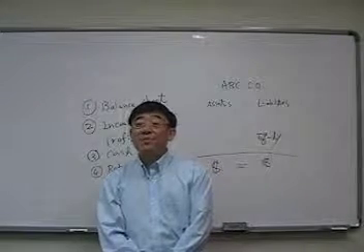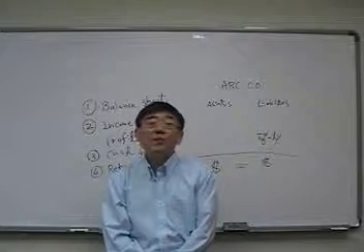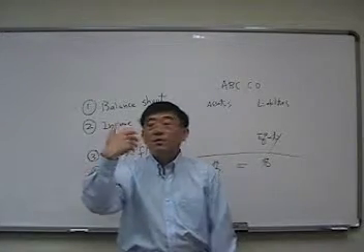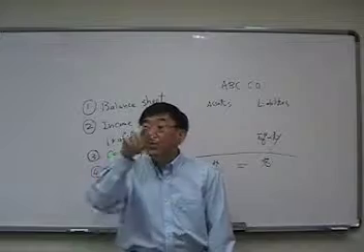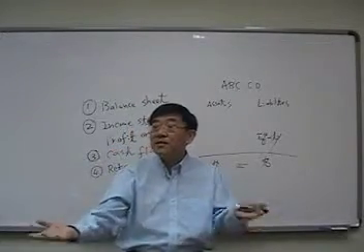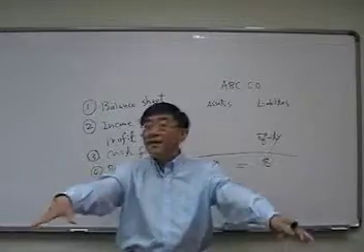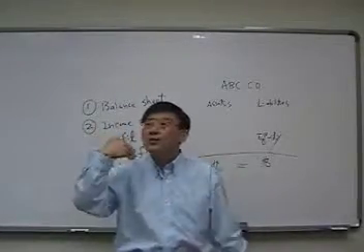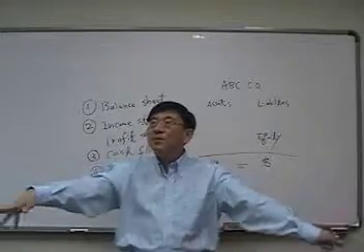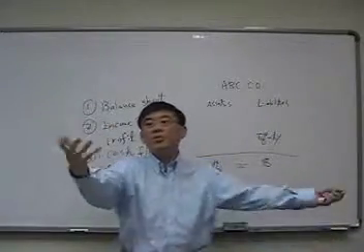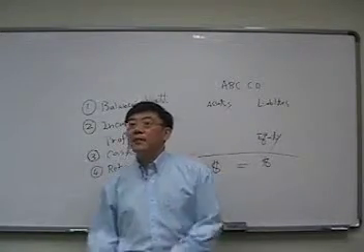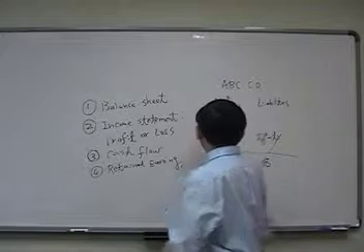Yes, account receivable, because your company does not receive cash. However, you incurred account receivable, and account receivable is a valuable asset, even though it is not cash right now. Assuming XYZ company is a credible, very reliable customer, they're going to pay you around 30 days. So number one is account receivable.